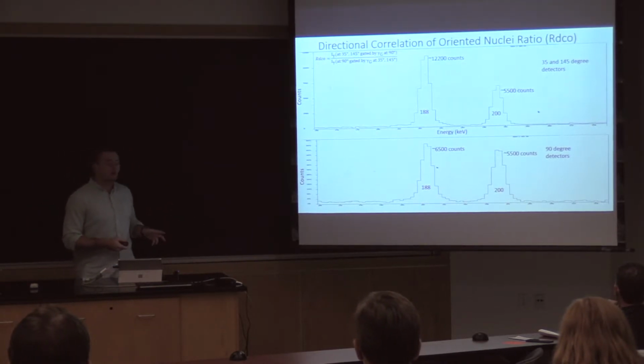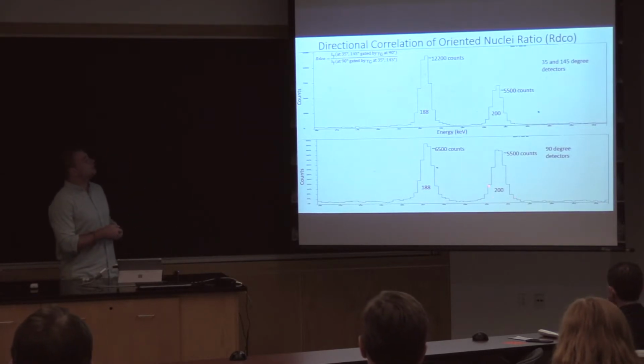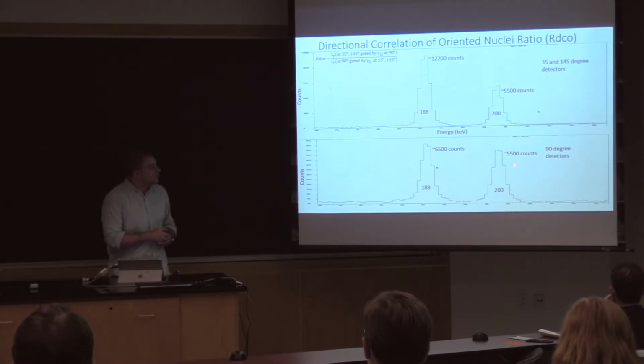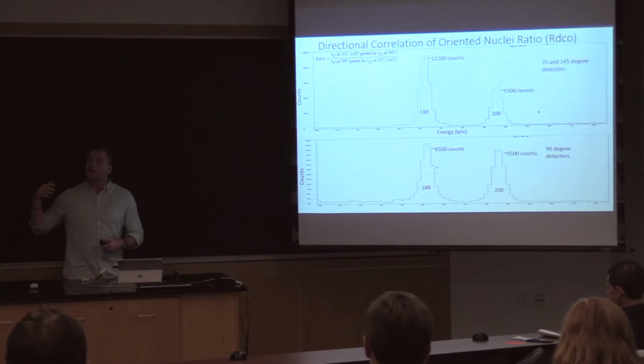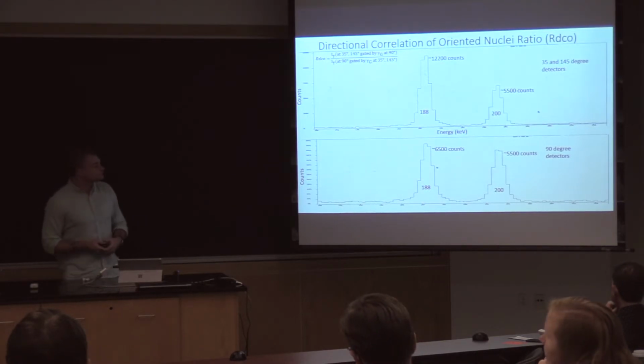If you remember, we saw before that 188 is a quadrupole transition. If we look at this 200 keV gamma ray, they both have about 5,500 counts, so that DCO ratio would be about 1, which represents a dipole.